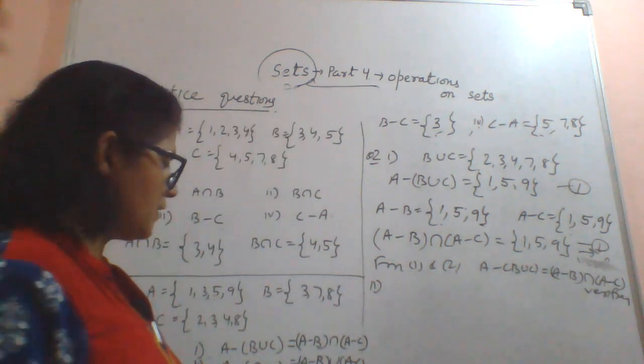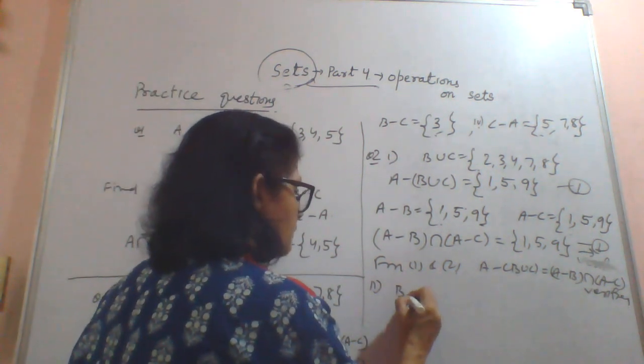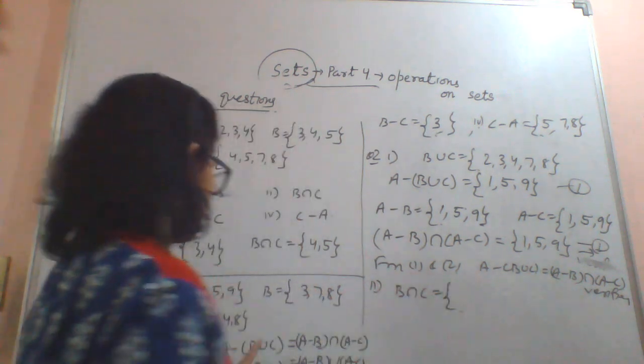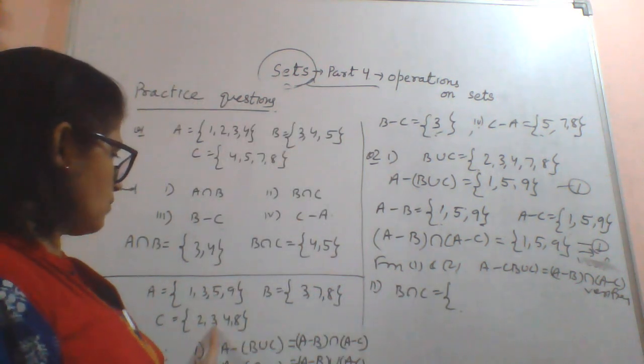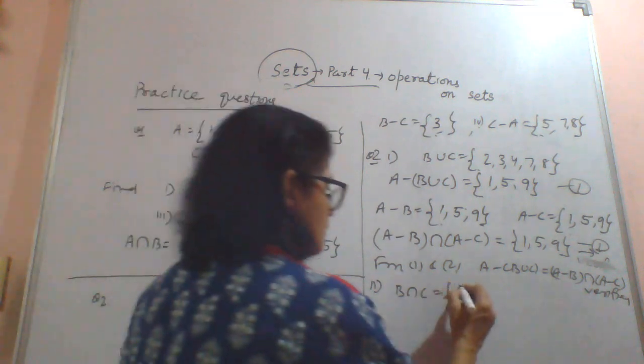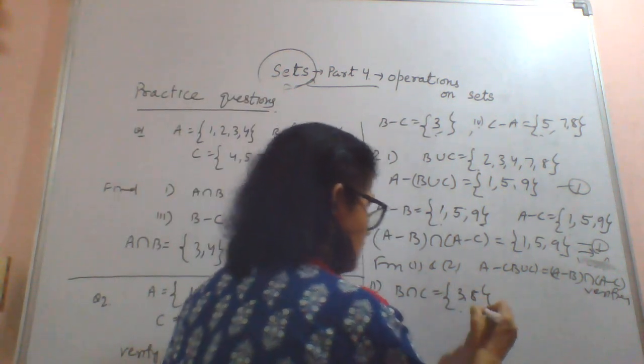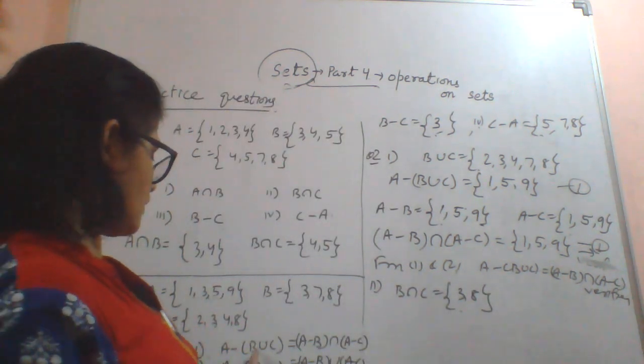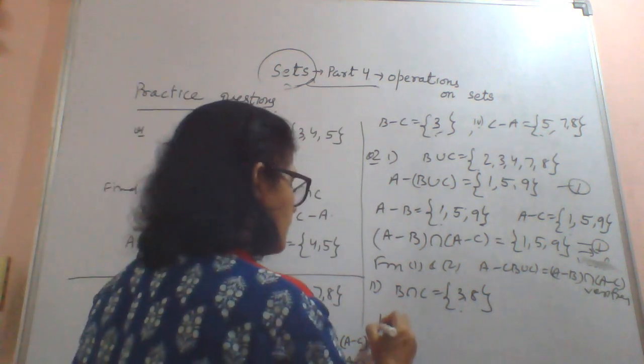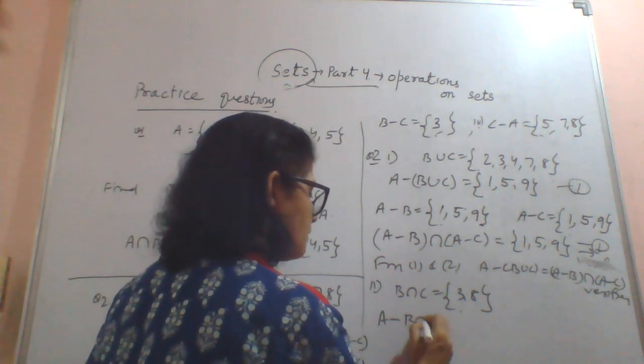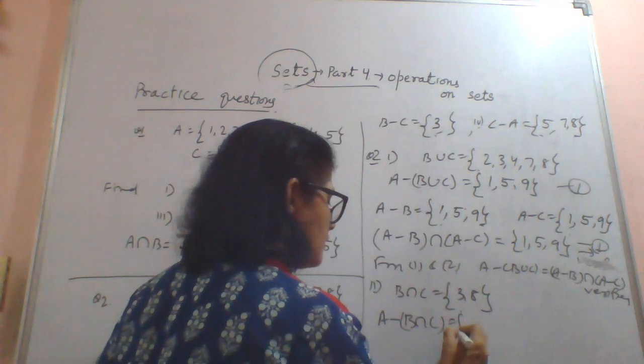Second part of the question is almost similar. So you can take B intersection C. B intersection C is what? So you have 3 and 8. Then next, A difference (B intersection C).